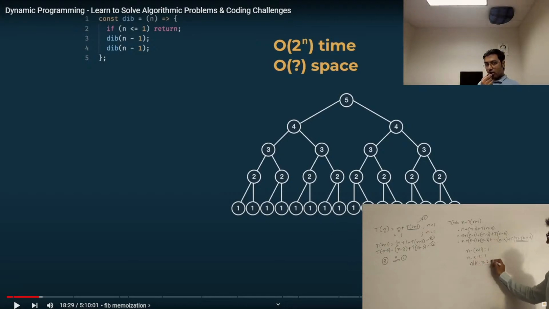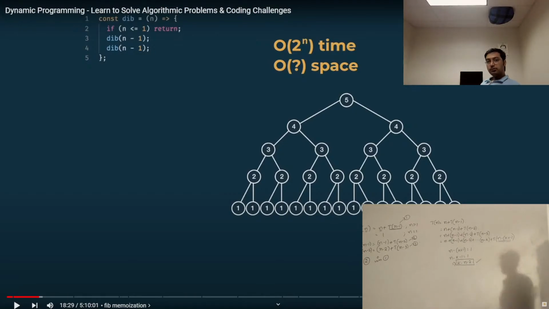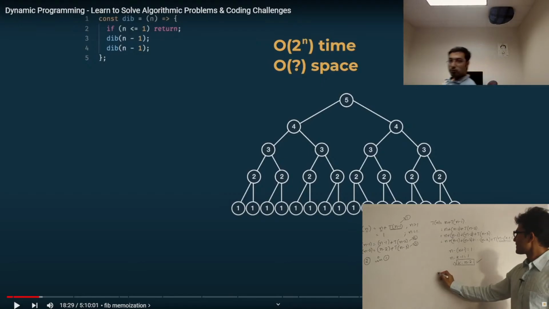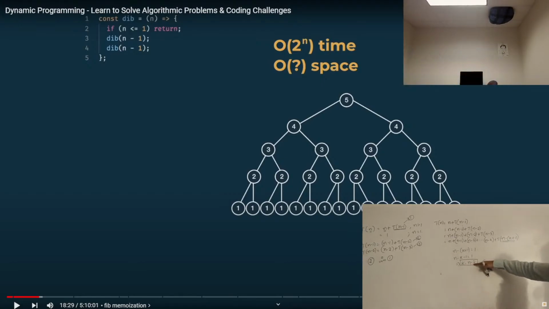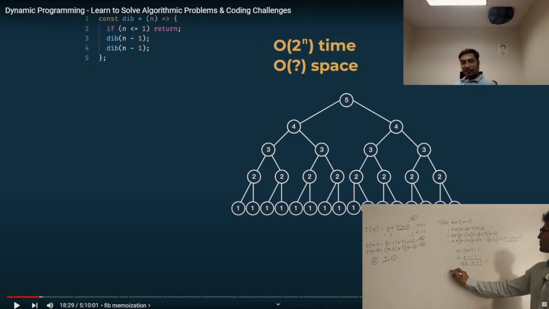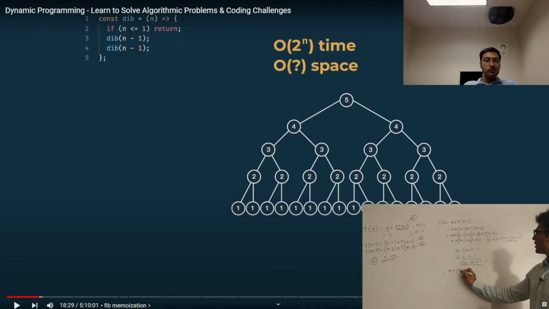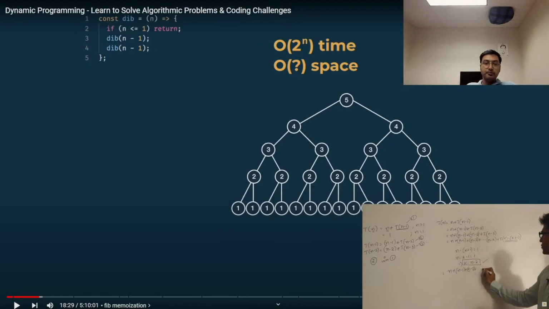So for a value of k equal to n minus 2, I'll get T of 1 and I could stop it. Therefore I'm going to substitute k equal to n minus 2 here. Then what happens? n plus n minus 1 plus n minus 2 plus and so on.